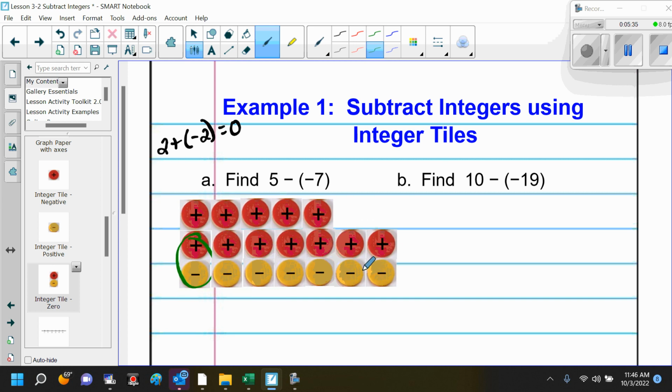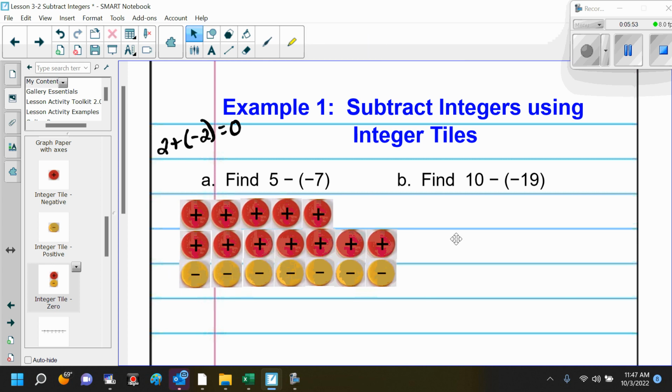Yeah, because that's a number plus its opposite. That's all equal to 0, right? So here I have 5 plus 0, that's still 5. So now I have some negatives on there.